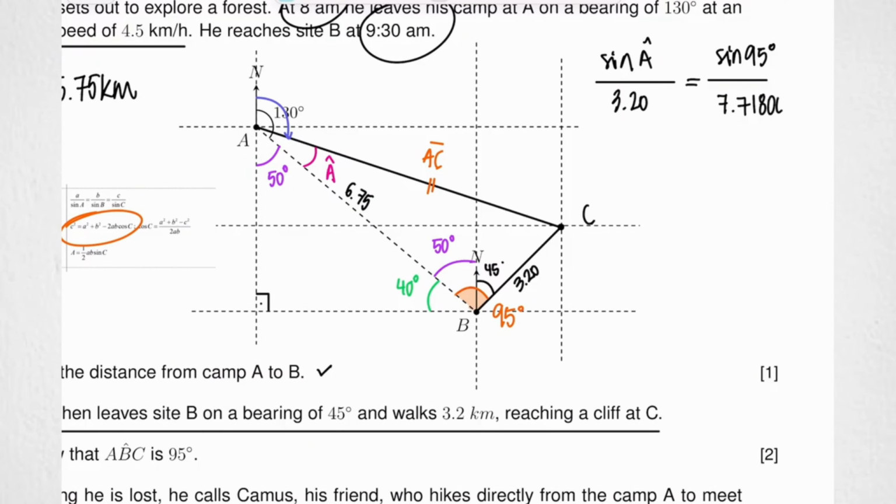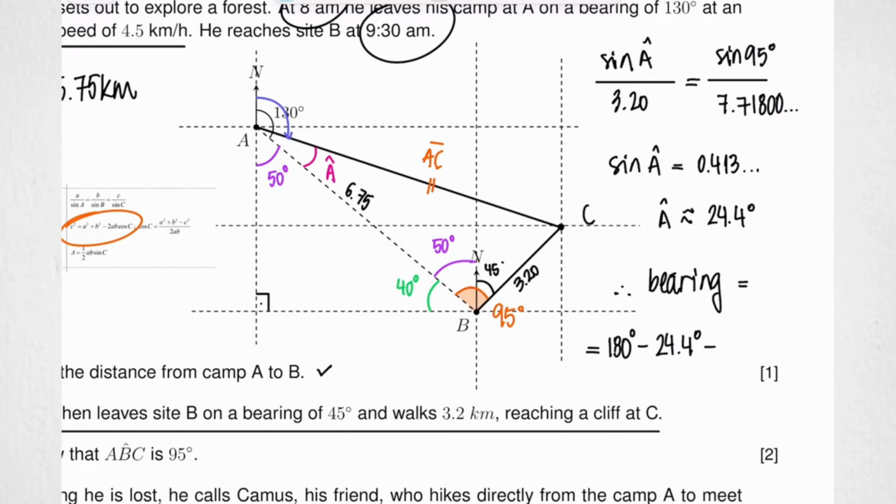Don't forget to use all the digits here. So we get a sine of A of 0.413... Therefore, angle A is approximately 24.4 degrees. Therefore, the bearing, which is 180 minus A minus the 50-degree angle, is approximately 106 degrees.